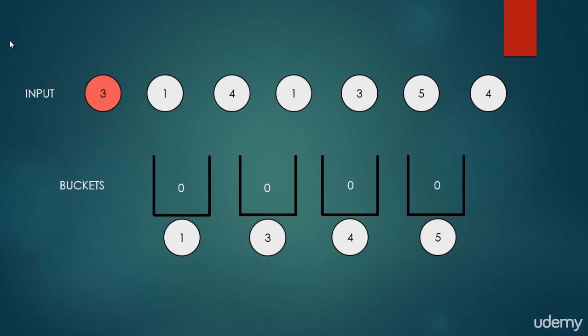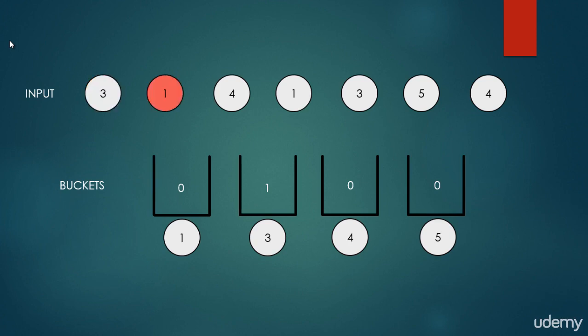And we just iterate through the input, and we initialize the buckets to be 0. We iterate through the input array and keep incrementing the numbers in the buckets accordingly. So it is a 3, so we increment the third bucket.